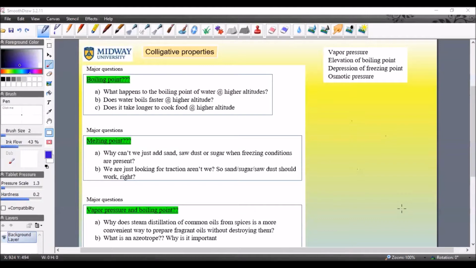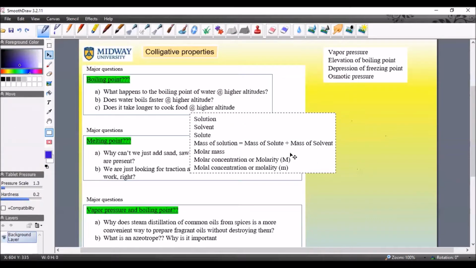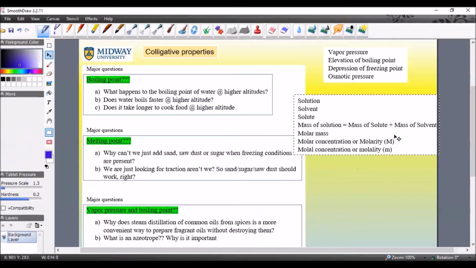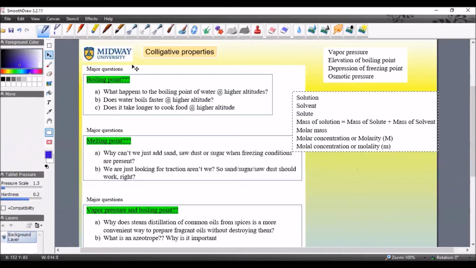All right, with that said, I don't actually want to commence the entire topic in this particular video, but take the time to get you up to speed. Some of the words that you should already be familiar with from Chem 170, a class you took prior, are: what a solution is, what a solvent is, what a solute is.